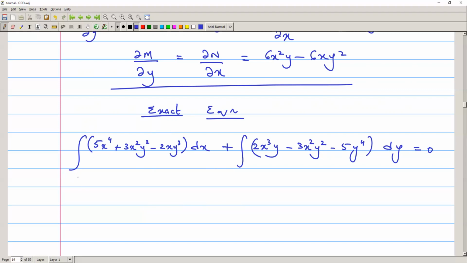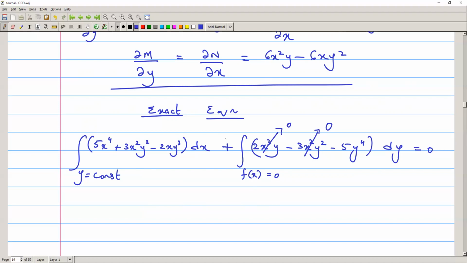Here y will be treated as a constant, right? And in the second integral, any function that involves x will be equal to 0. Here x is involved, so this will be 0. Here x is involved, so this will be 0, right?